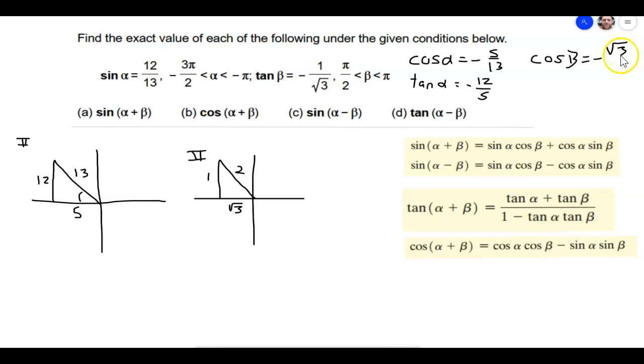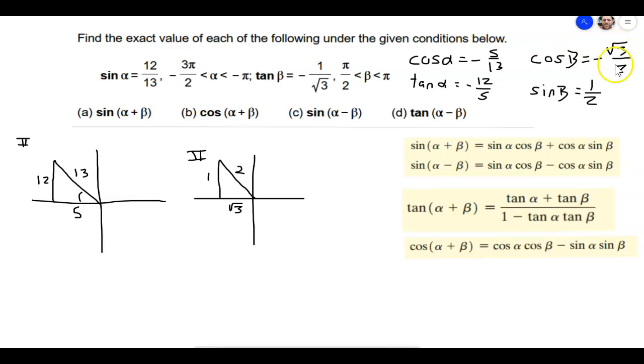We also need the sine of beta, which is going to be positive here, and that's opposite over hypotenuse, so that will be 1 over 2, 1/2.